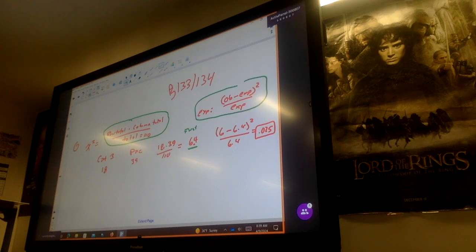And number 2 says we want category 5 in the Atlantic. Category 5 looks like 7. Atlantic is 53. And then the 110 still, so 7 times 53 divided by 110. What'd you get?